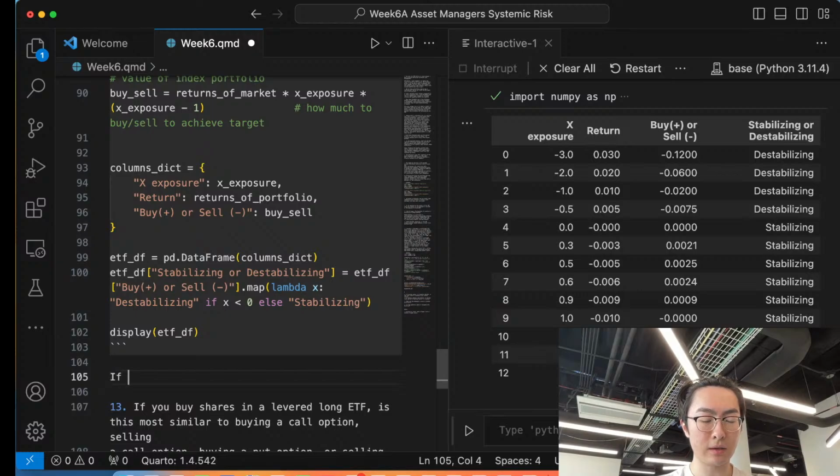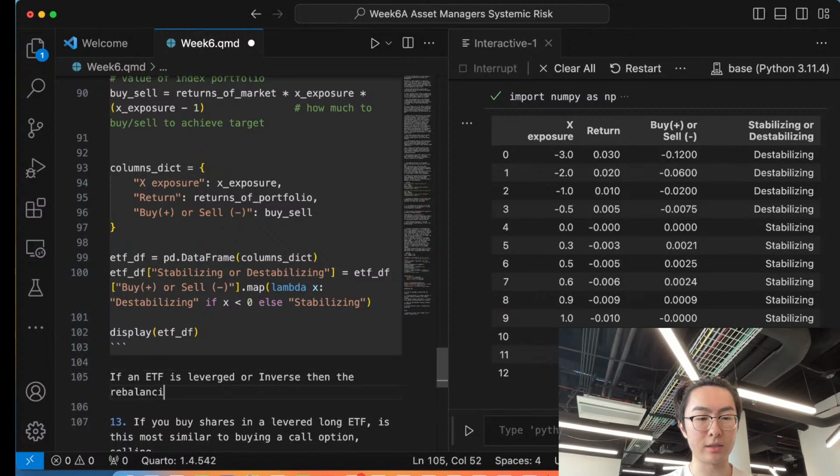So if an ETF is leveraged or inverse, then the rebalancing is destabilizing.